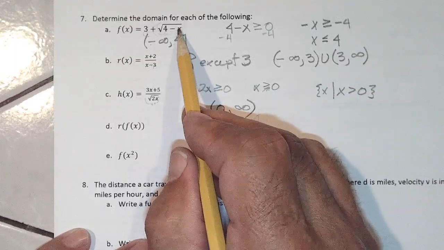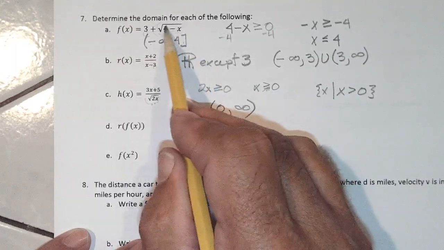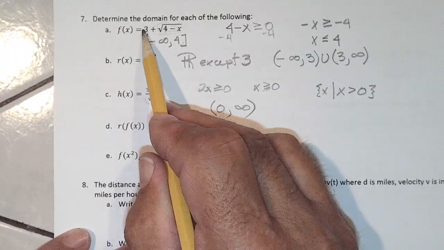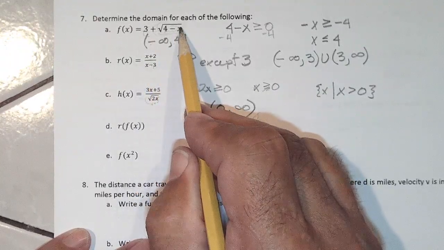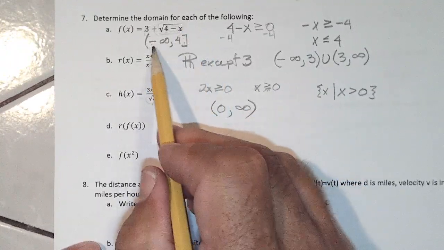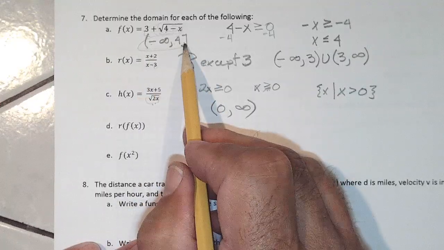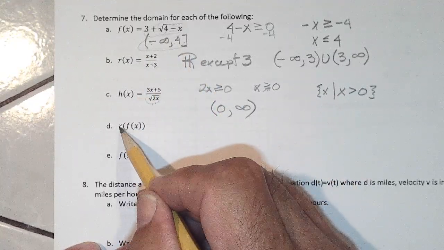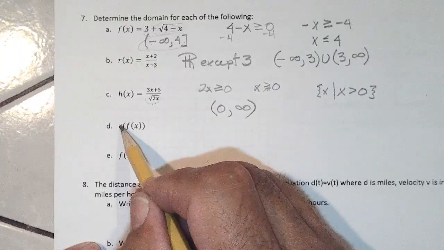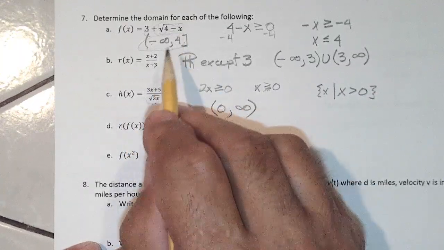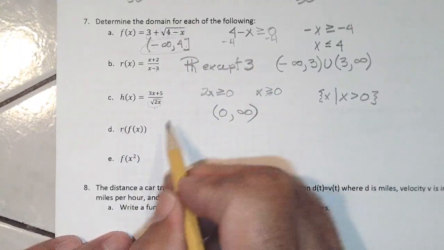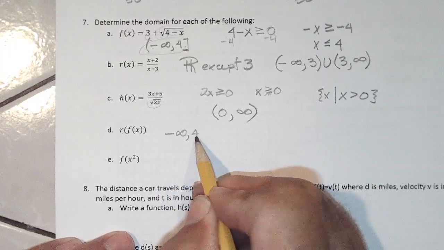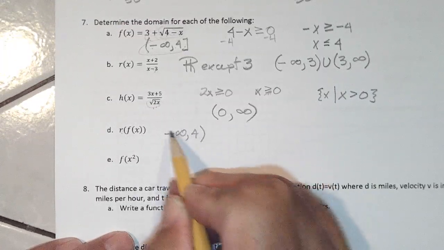If I put in 4, 4 minus 4 is 0, square root of 0 is 0, and I would get 3. So I can't use 4. Before I could use 4 in f, but then I can't use the answer 0 in r, so I have to throw out the 4 and only can use from negative infinity up to 4, but not including the 4.